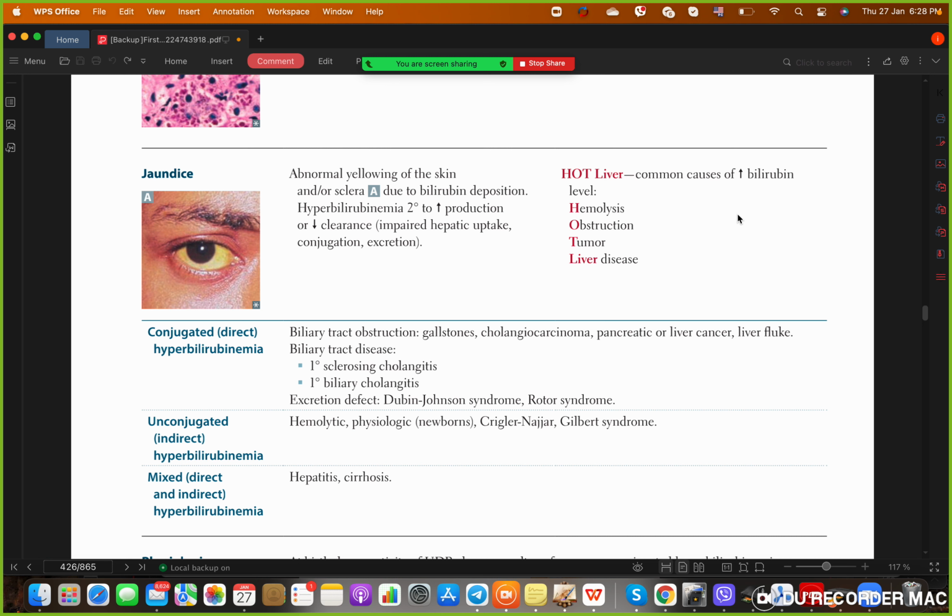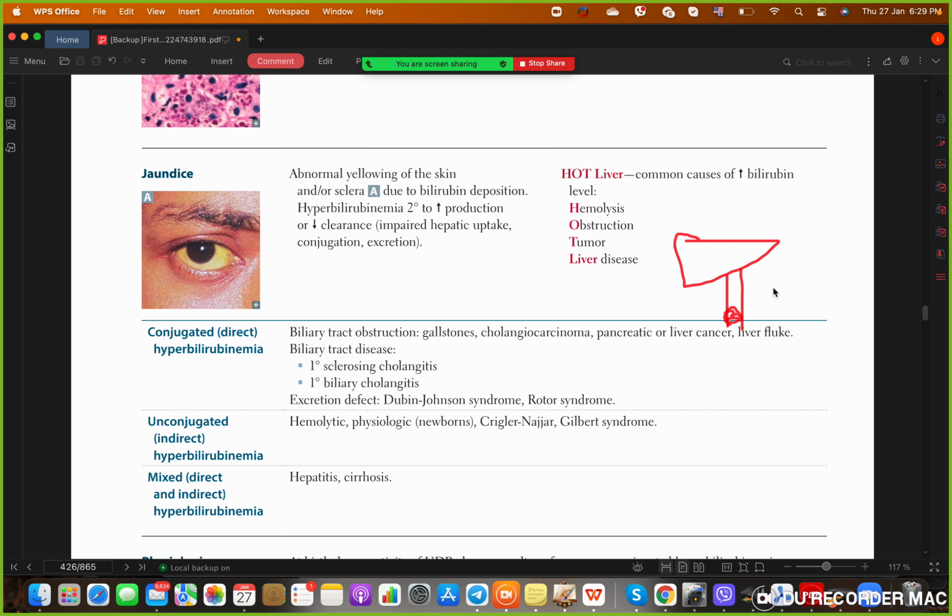What about obstruction of the bile duct? Well, let me make it simple for you. If the problem is before the liver, we call it indirect, like hemolysis. If the problem is inside of the liver, we call it intrahepatic. If the problem is after the liver in the bile duct, we call it posthepatic or mechanical.